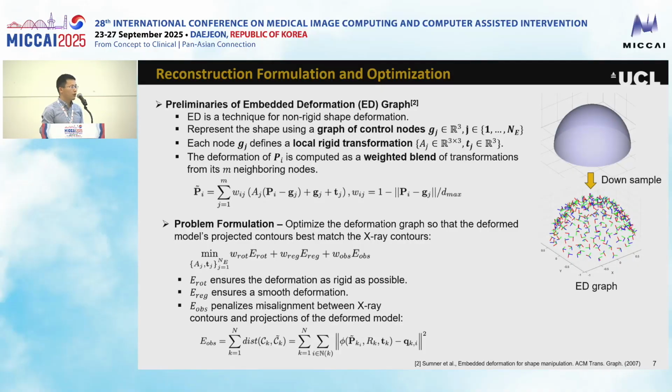The second term is a regularization term, which is used to ensure the deformation is as smooth as possible. And the last term is our proposed term, to ensure the X-ray contours and the model projection contours are aligned.